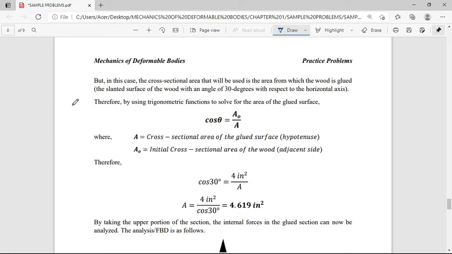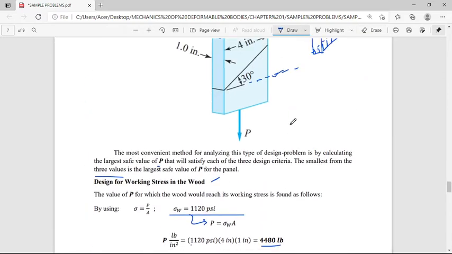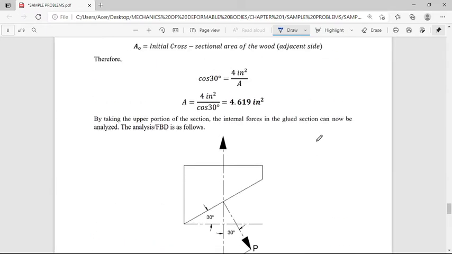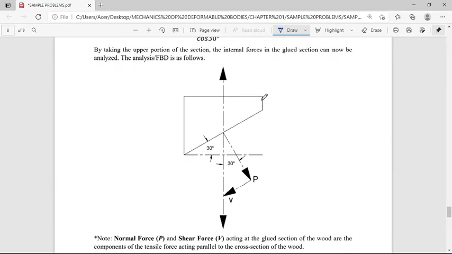And therefore, by using trigonometric functions to solve for the area of the glued surface, we use cosine of theta equal to adjacent over hypotenuse. Okay. So, kung titignan nyo mabuti, gumawa ako dito ng isa pang figure.